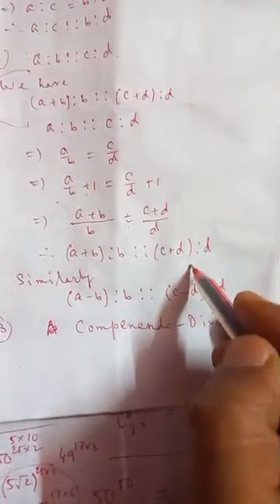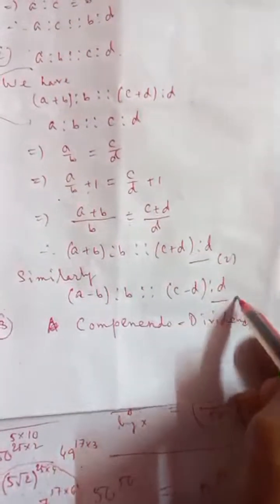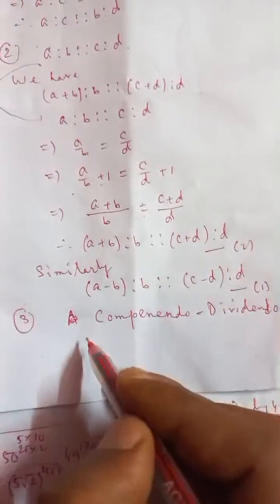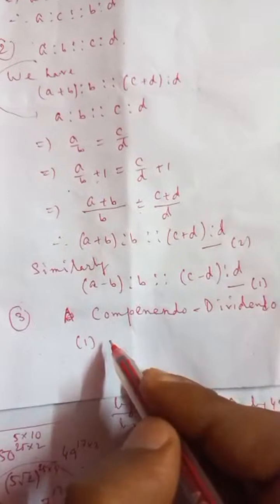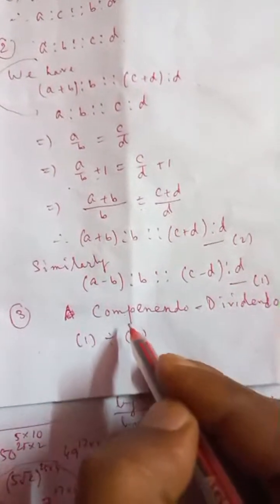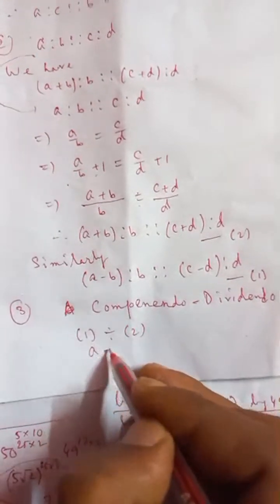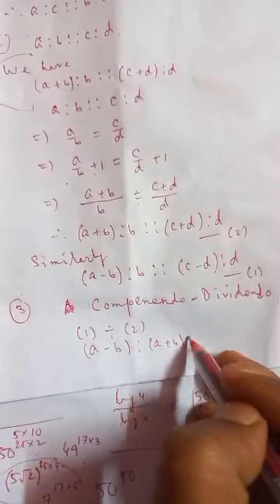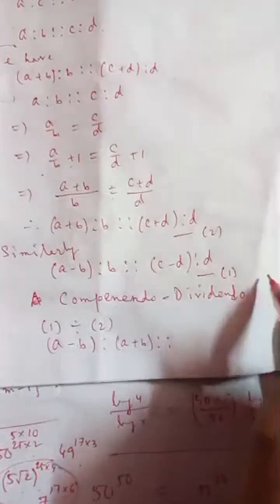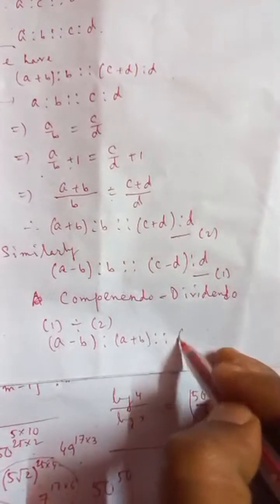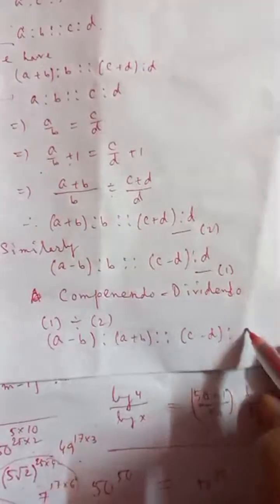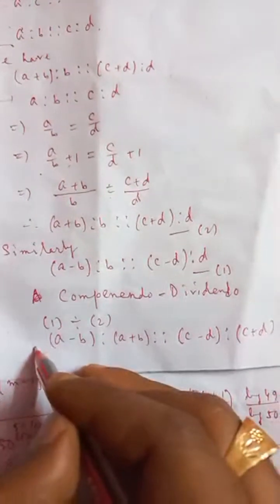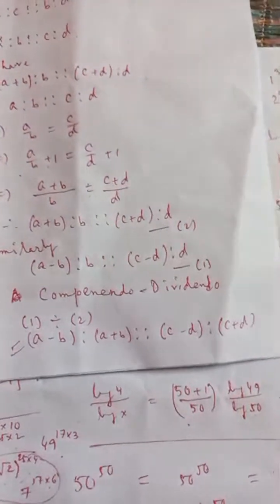If we take this as 2 and this as 1, or this as 1 and this as 2, and divide 1 by 2, then we will have A minus B is to A plus B, this will be C minus D is to C plus D. This is the well-known componendo dividendo procedure. It can be established in this way.